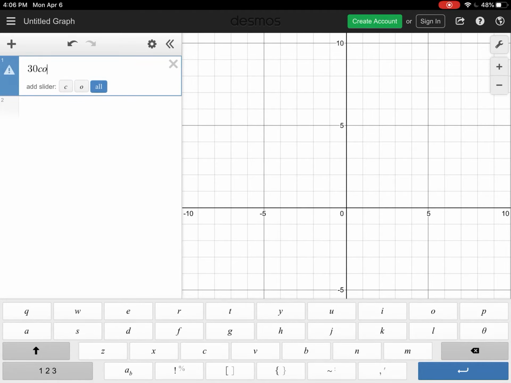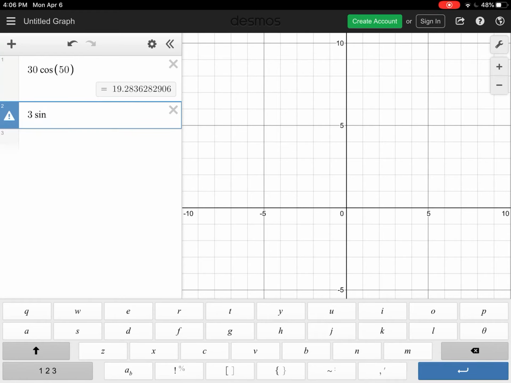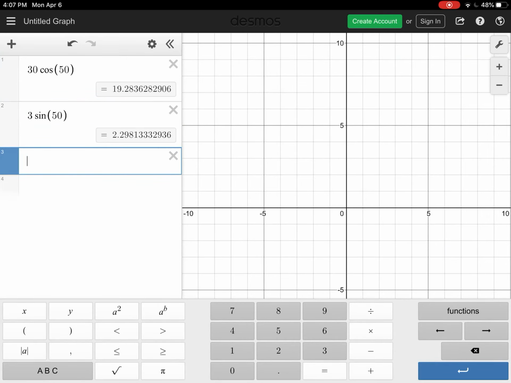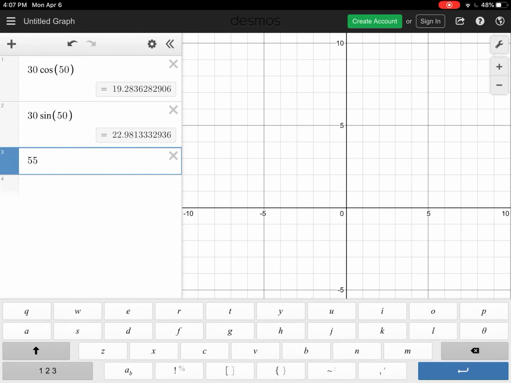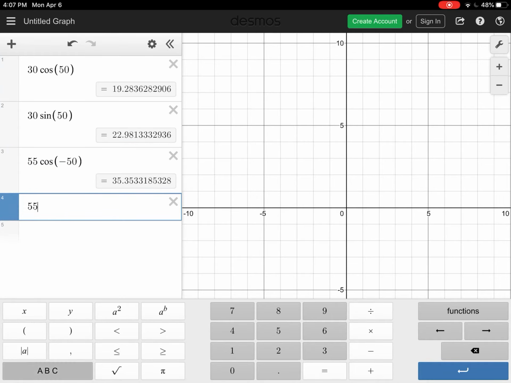So let's see. I'm just going to clean these all up. 30 cosine 50, 30 sine 50. And just to make sure, I'm going to double check, make sure it didn't change. Yeah, I'm still in degrees. And that should have been 30. Okay. And then I'm going to have 55 cosine. This time my angle is negative 50.